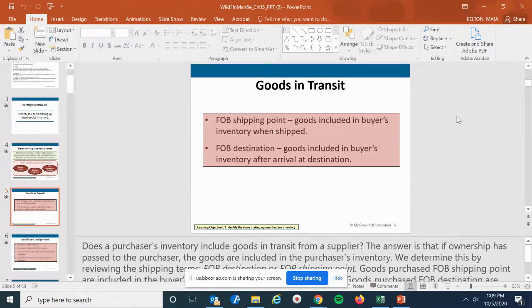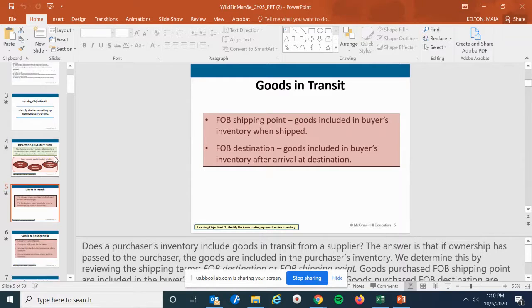So if the goods are in transit and the shipping terms are FOB destination, those goods should not be included in the buyer's inventory. They become the buyer's goods or product once they arrive at destination. So these are all very important issues in counting and valuing goods that are part of the buyer's inventory account.